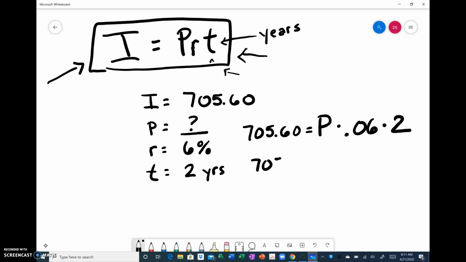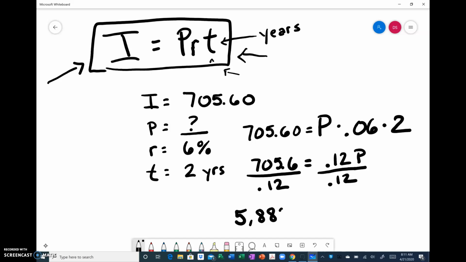You might have already known that. Okay, so I have 0.12 P. I need P alone. So I'm going to divide both sides by 0.12. 705.6 divided by 0.12 equals $5,880 would be the principal earned on that loan.